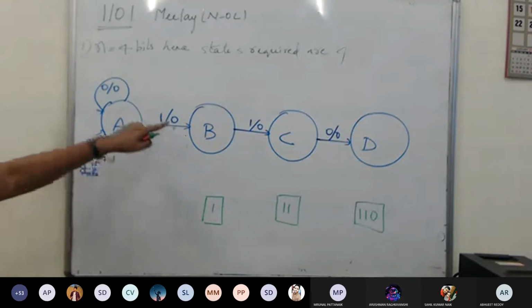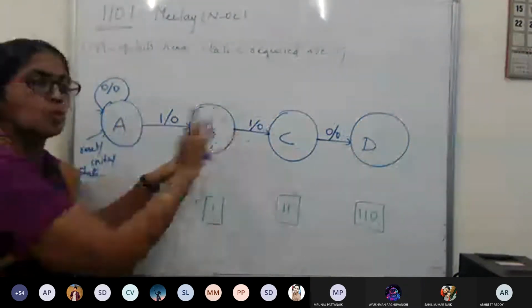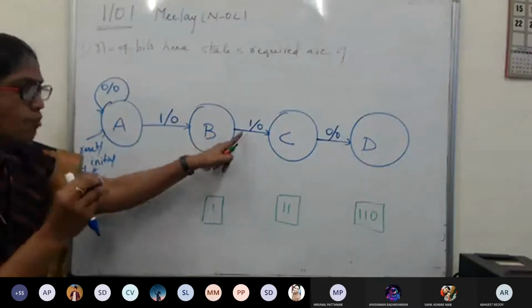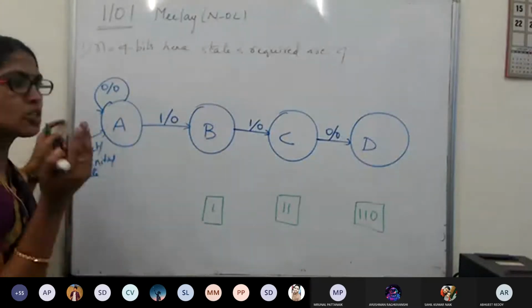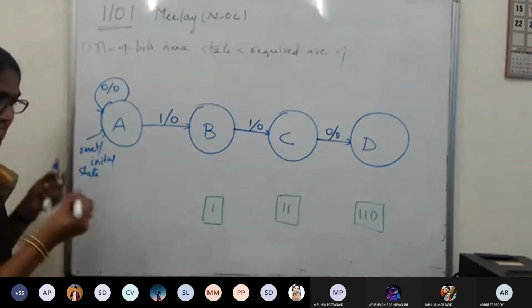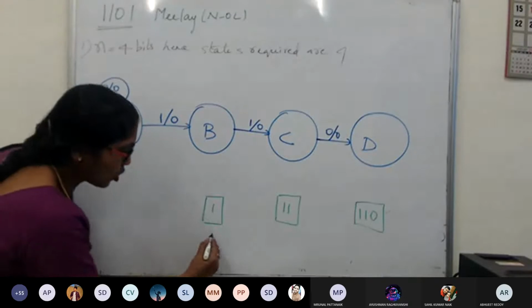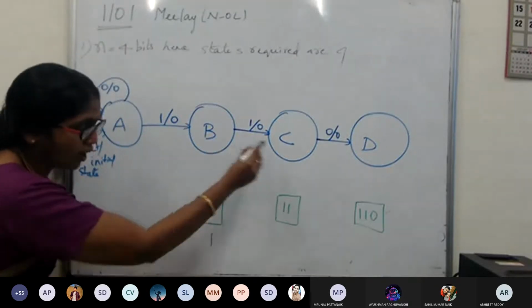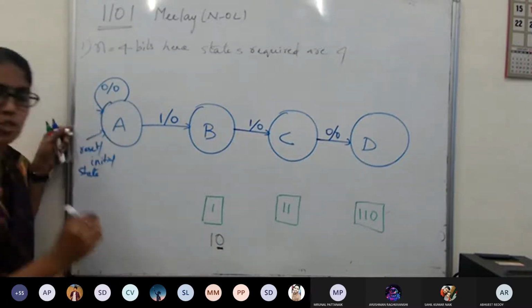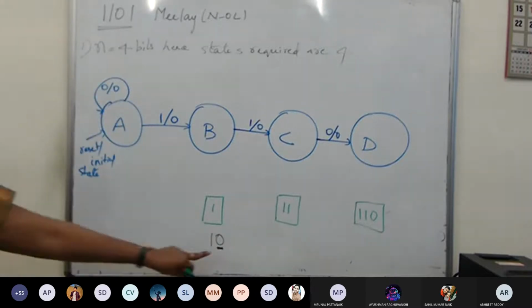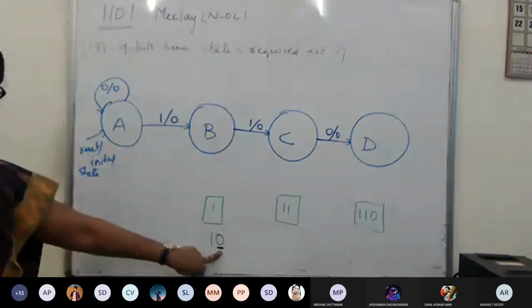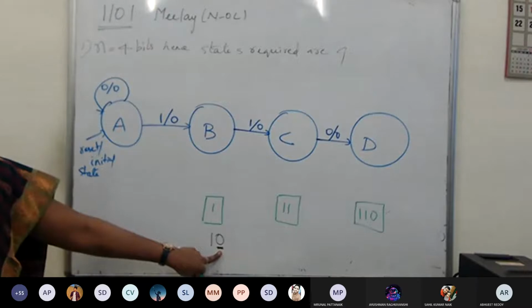Now B. At state B, if 1 comes, it moves forward. If 0 comes, the decision making you have to do here itself. Just check here, this is a checkbox. 1 is already there, so 1 means moving forward. 0 comes, what does it have to do? Now this underlined bit is the bit to be decided for the B state.